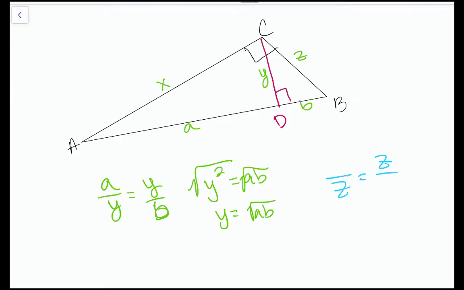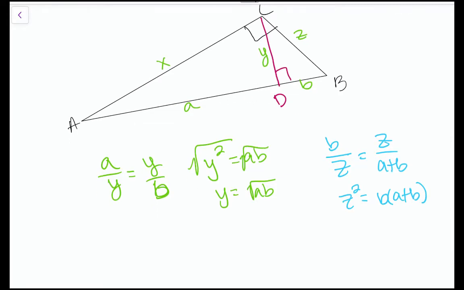So Z is the geometric mean of B and of A plus B. We could call that C, but for now I'm just going to write it as A plus B. So Z squared is equal to B times A plus B. And if I have values for that, then I can just substitute them in and solve. In order to solve for Z, I would have to take the square root of both sides. But again, you may have Z and you may be solving for A or for B. So it just depends there.